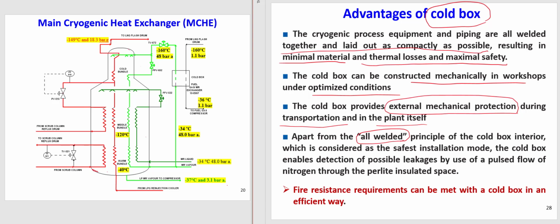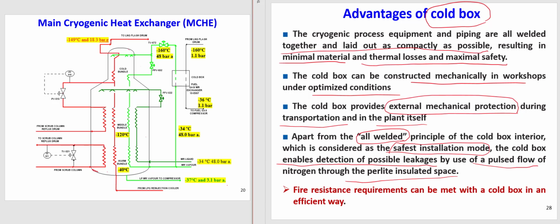Apart from this, it also provides a very safe installation. The cold box can also provide us with this feature that we can detect the possible leakage. How we can do it? We can use a pulse flow of nitrogen through the isolated space.